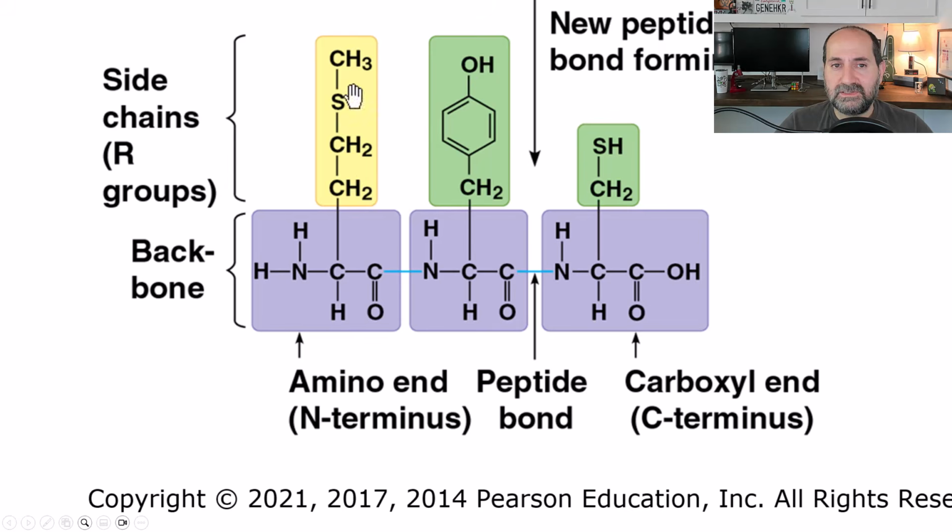The side chains. That's why they got their name. Side chains poke out the sides. Remember, the side chains are also called the R groups, or the variable R groups. Yellow ones were nonpolar, green ones were polar, the pink ones were acidic, and the blue ones were basic.